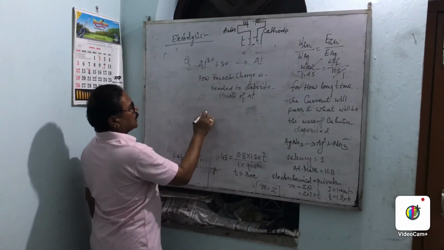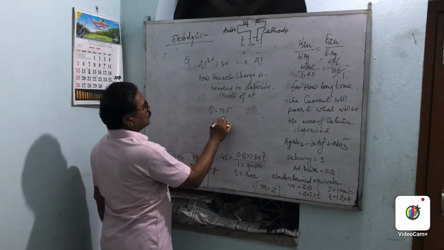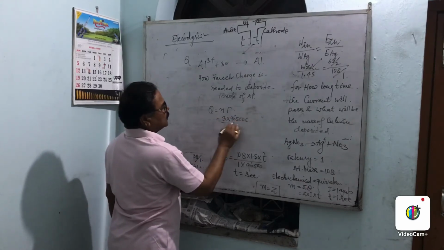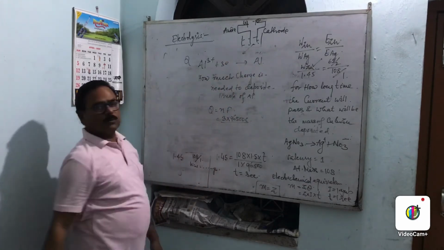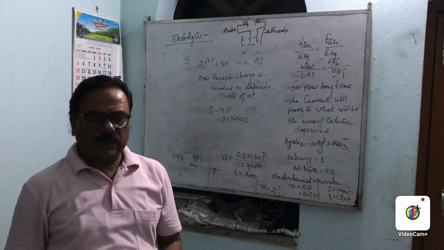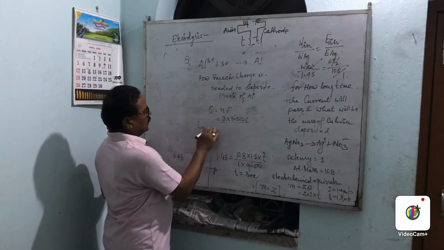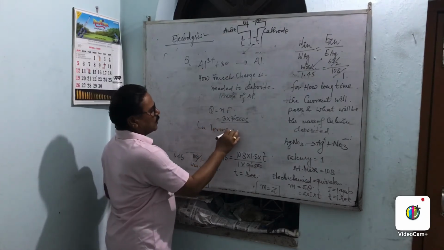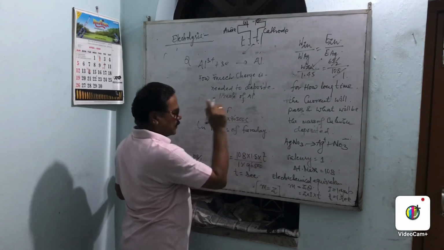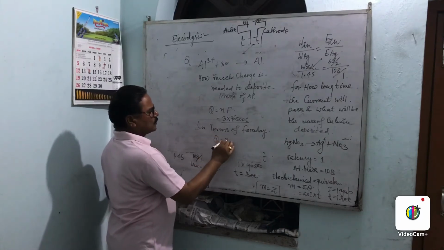So this is charge. Q is equal to, we know, N into F. So how much charge? 3 into 96,500 coulomb. This charge is needed to deposit 1 mole of aluminium. If it is asked in the question how much Faraday is needed, that is in terms of Faraday, then Q = 3F.